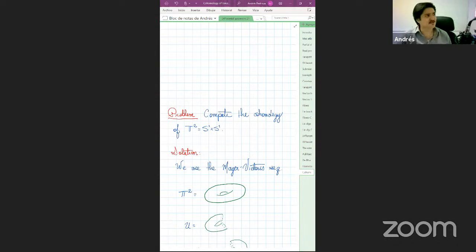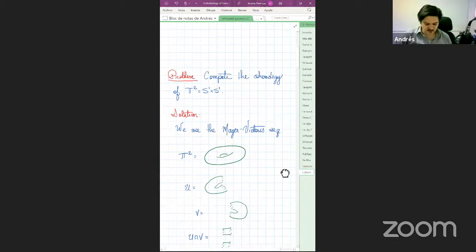Well, sorry, when we computed the cohomology of the circle, the intersection was also not connected. This was U, this was V, so U intersection V was not connected in that case. In all of the other cases we have worked out, U intersection V is connected.